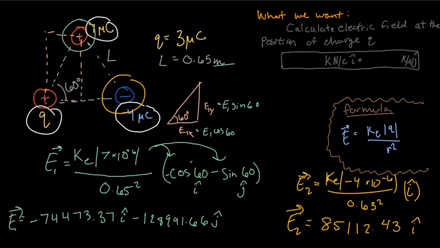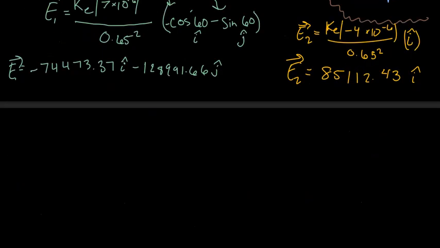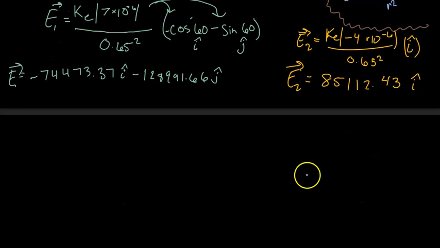And once we have both of these, we now have all of the components that are acting on our Q right here. And from here, we will do the vector addition, so our total electric field will equal E1 plus E2.